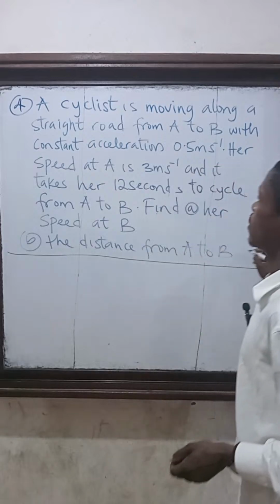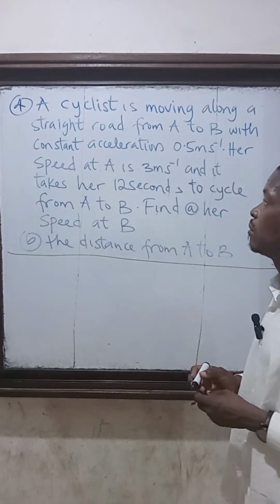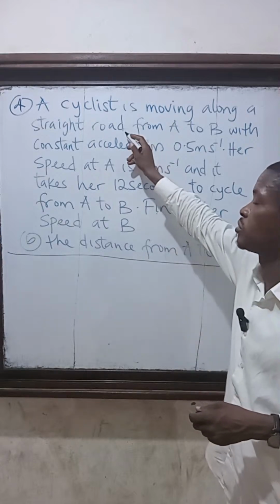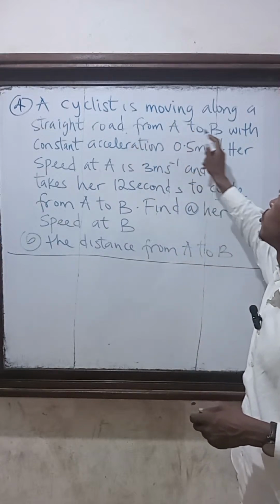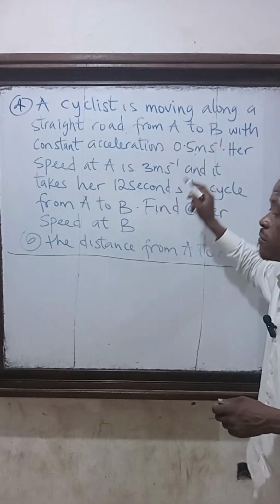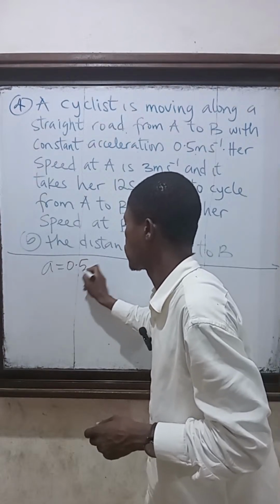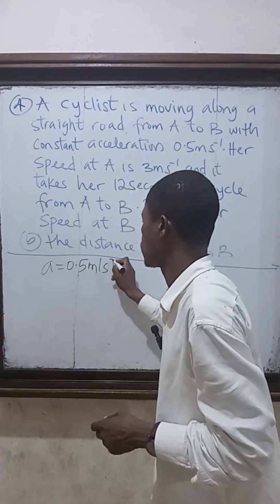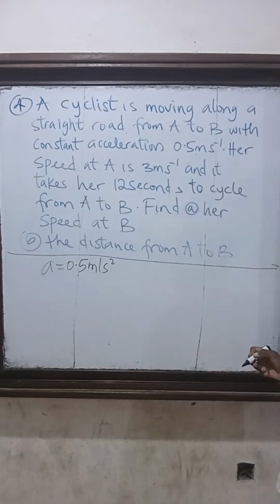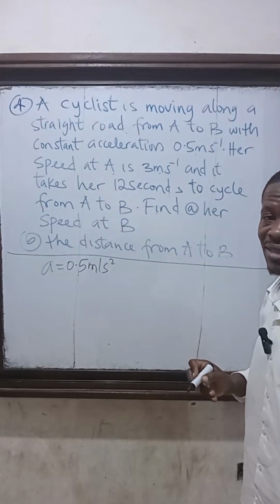A cyclist is moving along a straight road from A to B with constant acceleration of 0.5. So acceleration is 0.5 meter per second square. The speed at A is 3 meter per second.